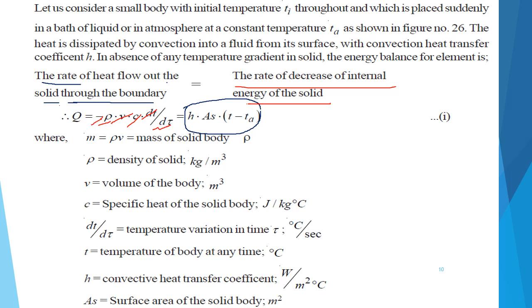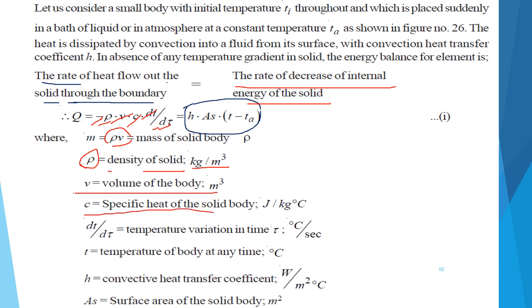So you can see m, that is equal to the mass of the solid body, that is rho into V, where rho is the density of the solid, kilogram per meter cube, and V is the volume of the body, meter cube.